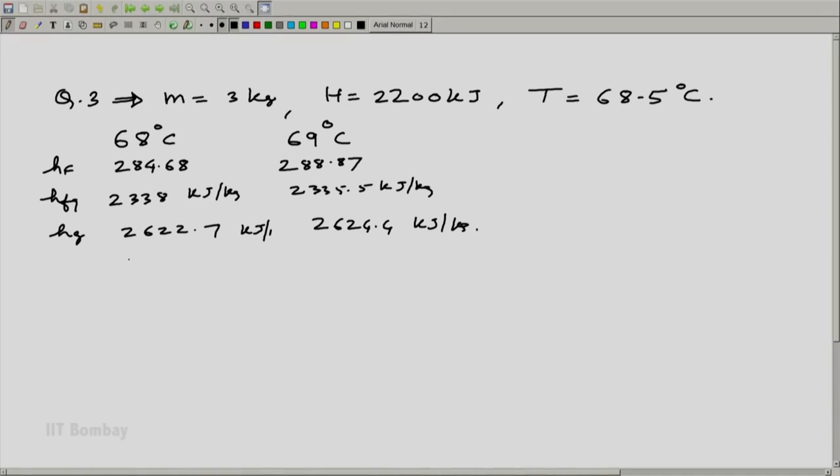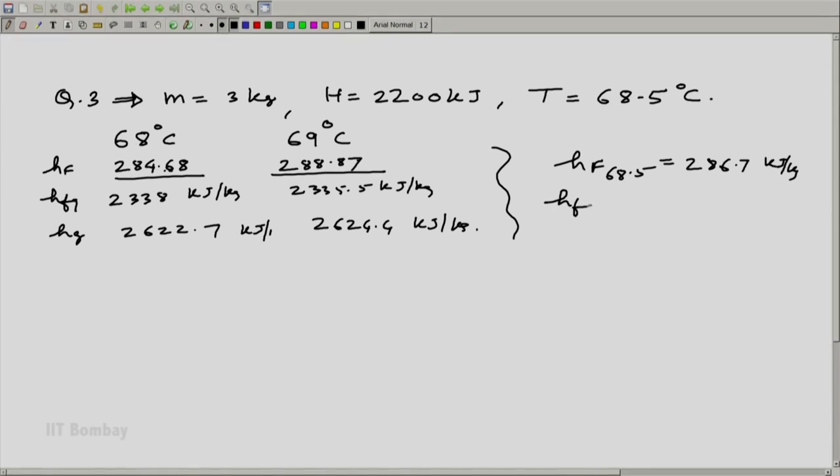By interpolating between this value and this value, I will get the values at 68.5. We get hf at 68.5 equal to 286.7 kilojoule per kg.